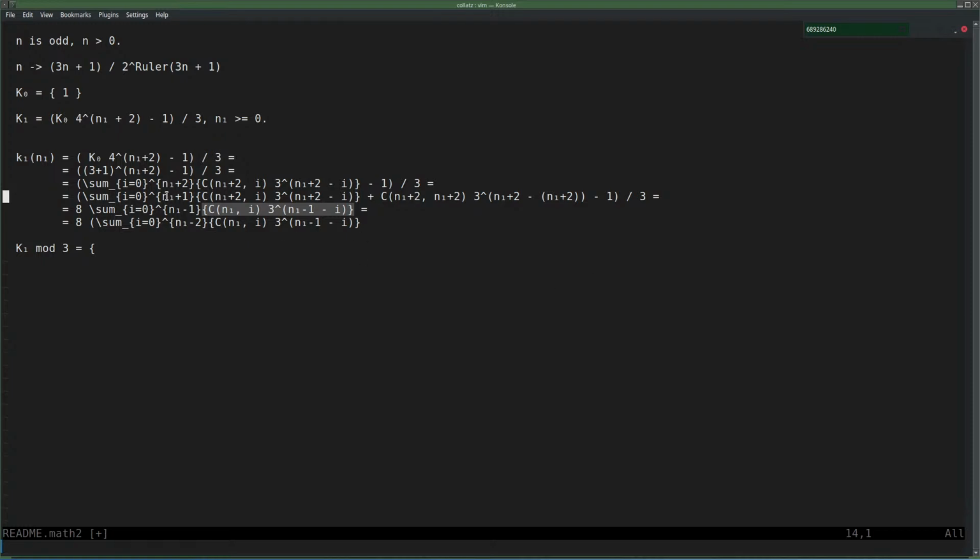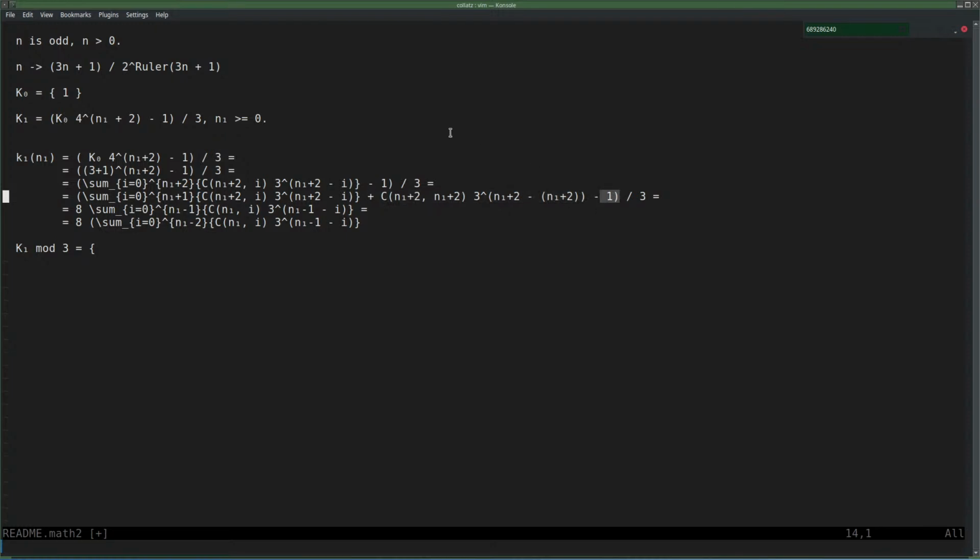Yeah, so we do not sum till n1 plus 2, but only until n1. So just add again the last term with I replaced with n1 plus 2. So this I becomes n1 plus 2 and this I becomes n1 plus 2. And now really, because the 8 is gone, we have simply 1 times 1 and then again minus 1.